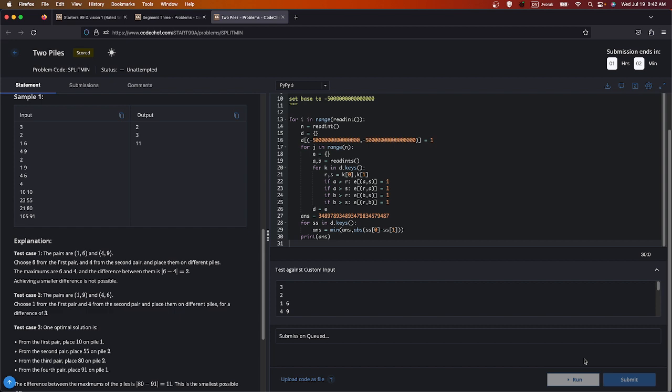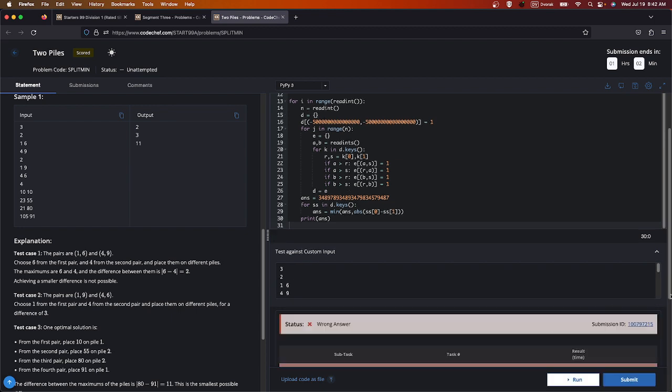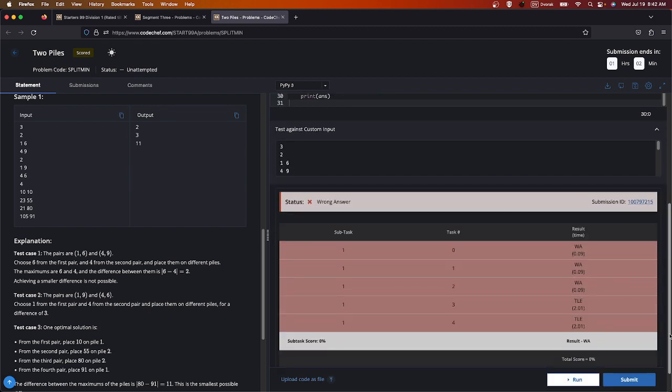I think this is n squared, isn't it? It might be n squared, just by the number of possible pairs. Wait, how are we getting just completely wrong answer?